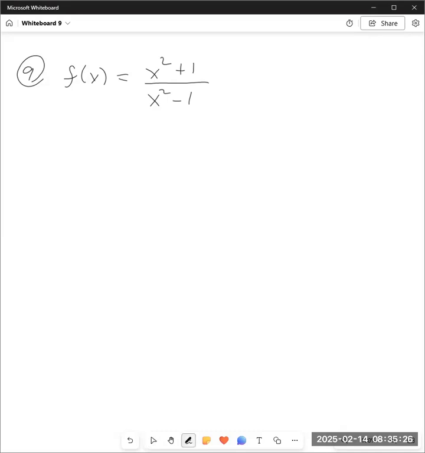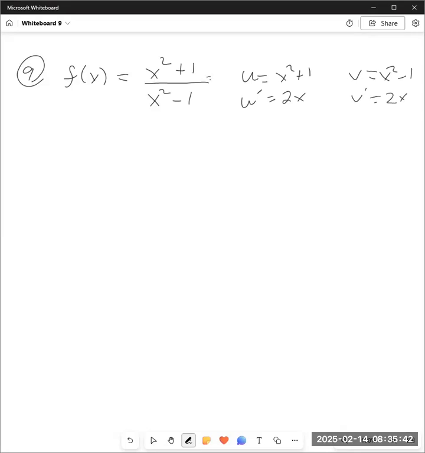So let's go ahead and identify: my numerator is x squared plus 1. My denominator is x squared minus 1. The derivative of my numerator is 2x, and the derivative of my denominator is also 2x.